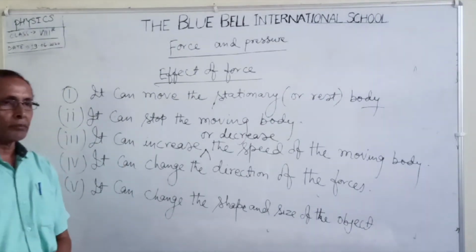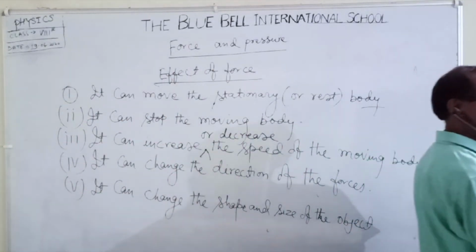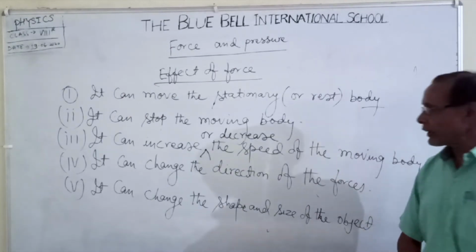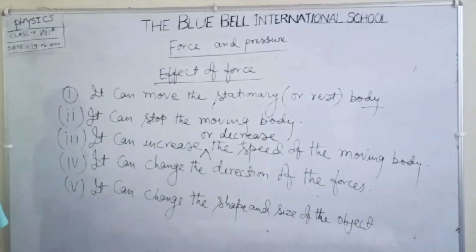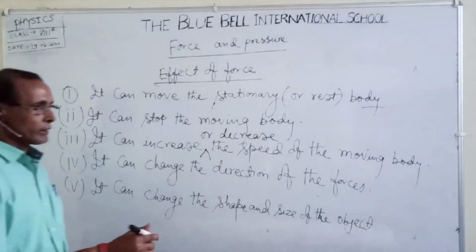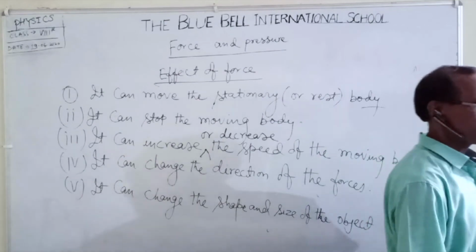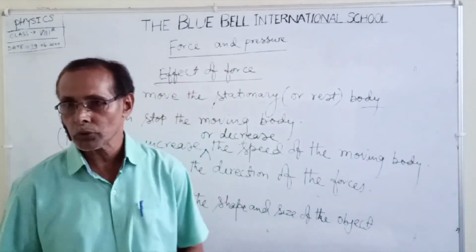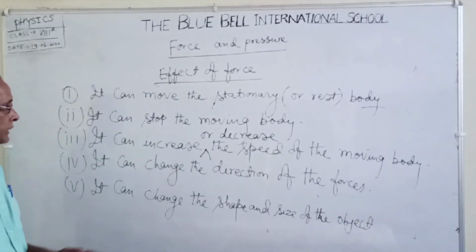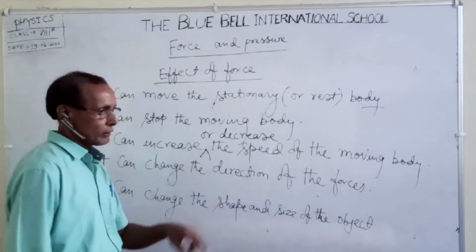But suppose the cycle is moving in the forward direction, and we apply the force from the opposite direction. In that situation, what will happen? It will decrease the speed of the moving bicycle.